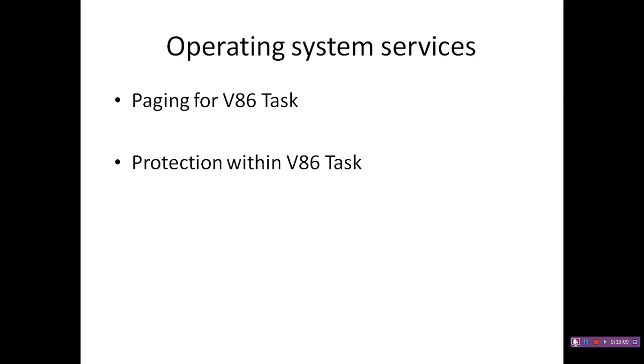When the processor is in V86 mode, CPL is 3. Therefore, an 8086 program has only user privilege. If the pages of the virtual machine monitor have supervisor privilege, they cannot be accessed by the 8086 program.